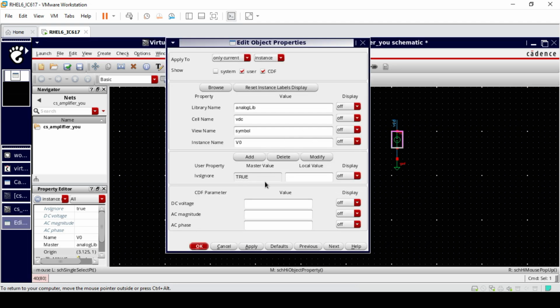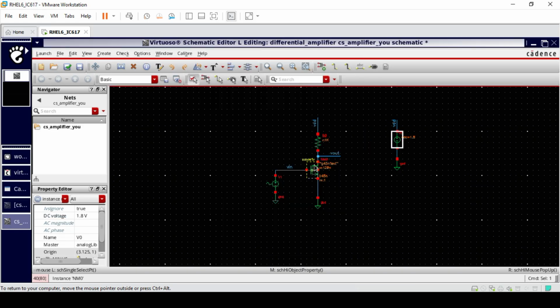Let me apply the value of the DC voltage source, 1.8 volts, and the load resistance.